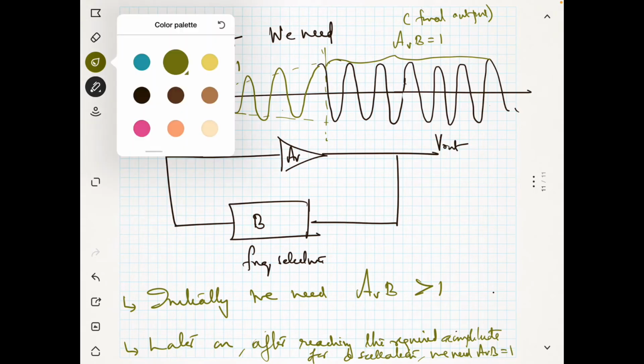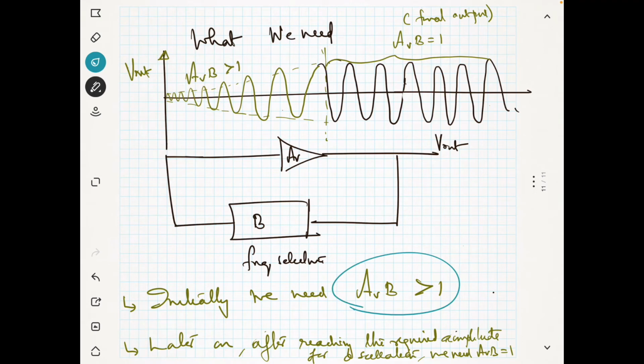So at the initial point we need this condition, and at the final stage we need Av into B equal to 1. This can be done by using some particular type of arrangement. At the steady state we need Av into B equal to 1.